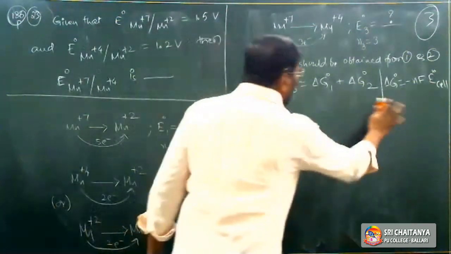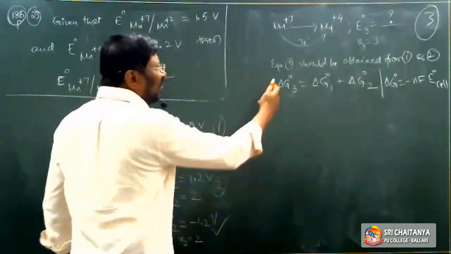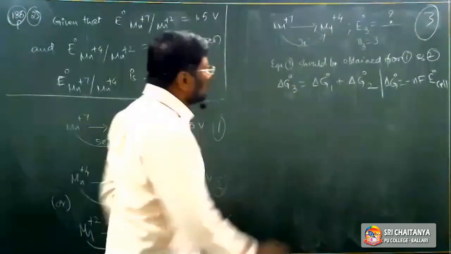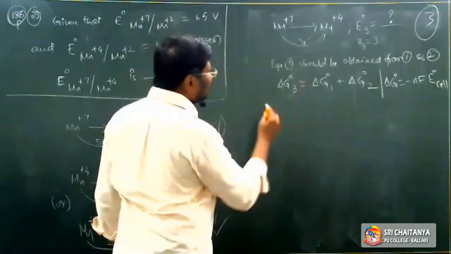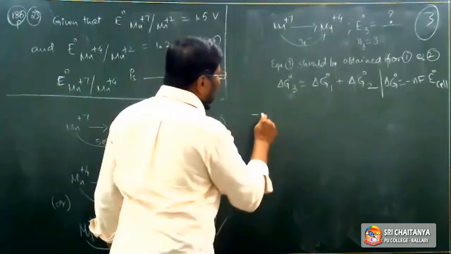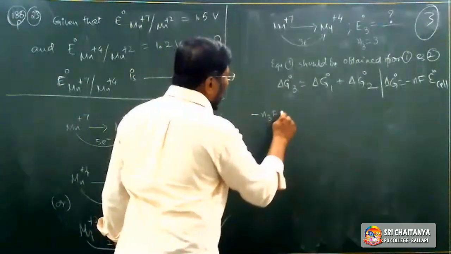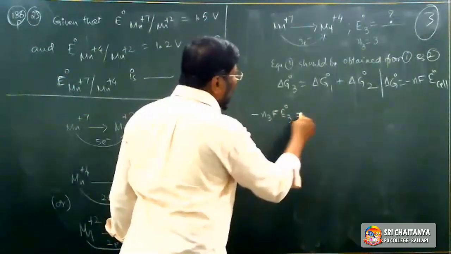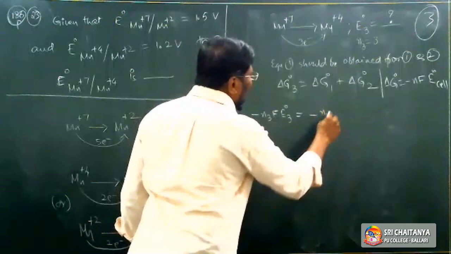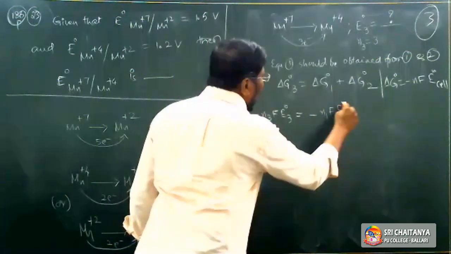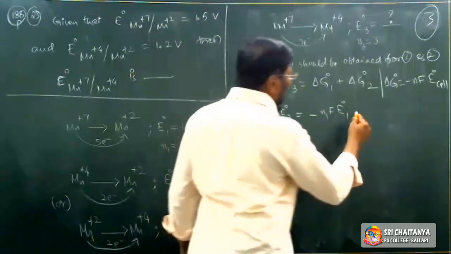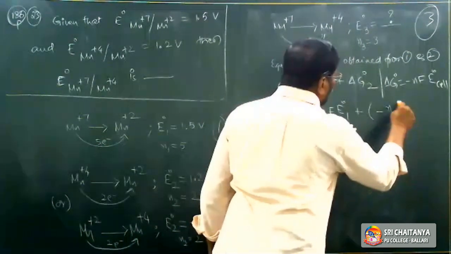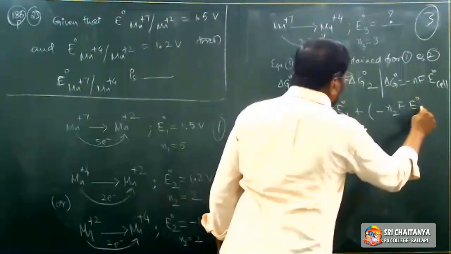So therefore, for the third equation, let me write that: minus N3 F E0 3 is equal to minus N1 F E0 1 plus minus N2 F E0 2.